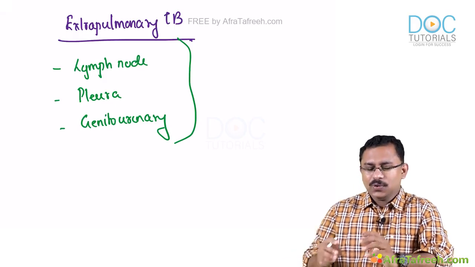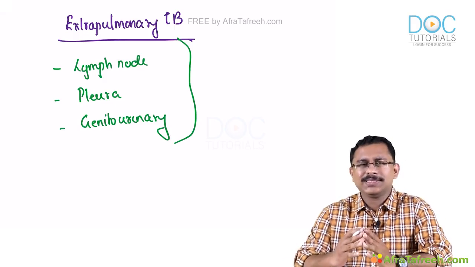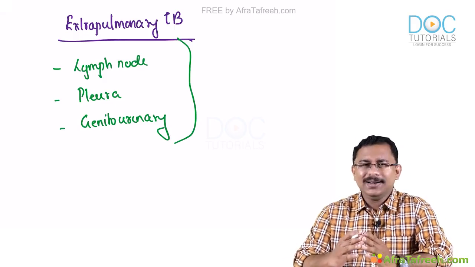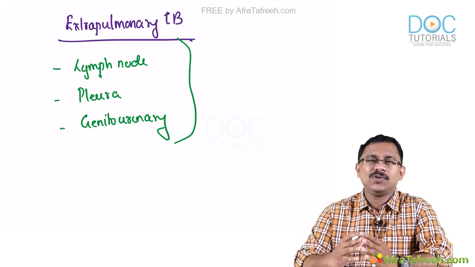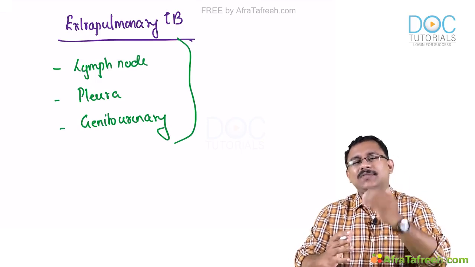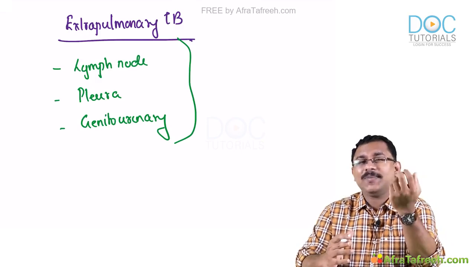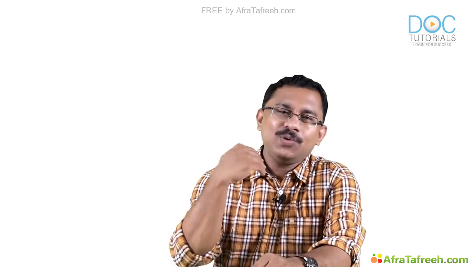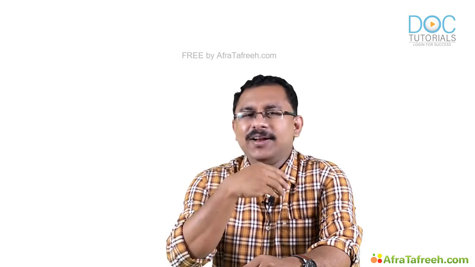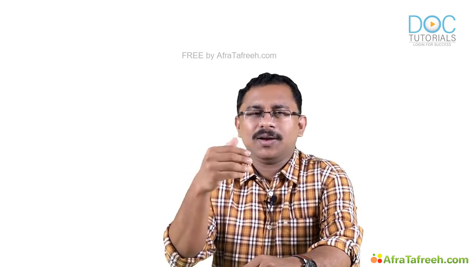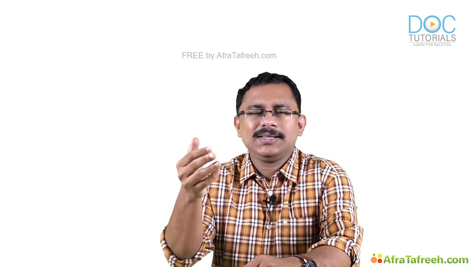Okay, so extrapulmonary tuberculosis is also very important to diagnose, because sometimes the only presentation of the patient may be an asymptomatic lymphadenopathy. But when you actually ask, the patient might report some weight loss. So this is very important, because sometimes a lymphadenopathy can go to a surgeon or maybe a general practitioner.